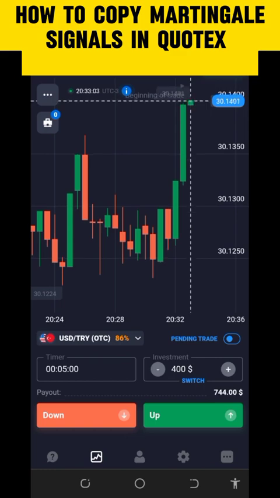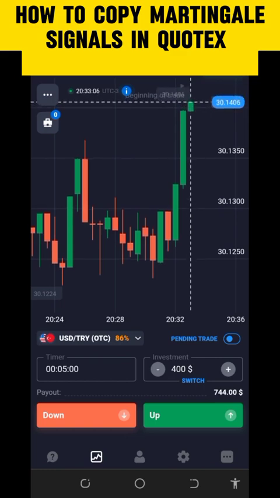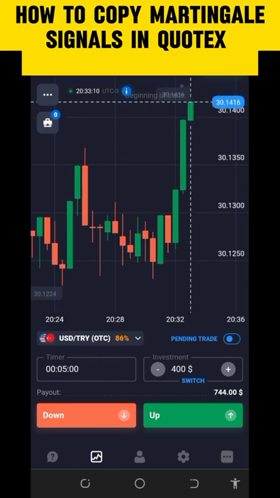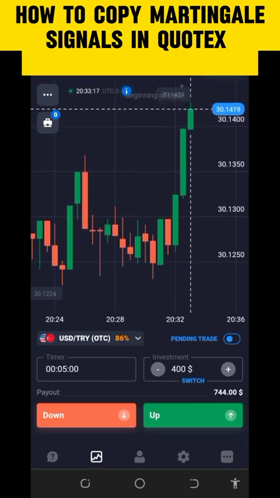All right, if it is $20, you can double by using 1 and then 2. You can use 1 in the main trade, use 1 in the first girl, and then double it in the second girl. That is the system, so that you will not be losing much money if your account balance is small.